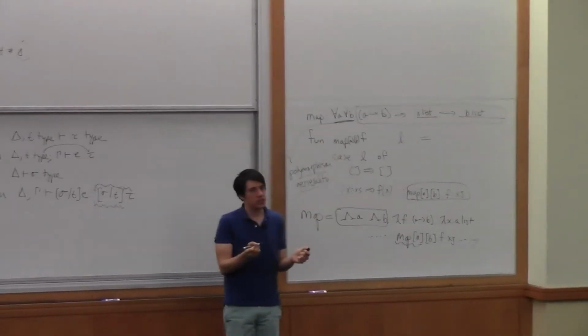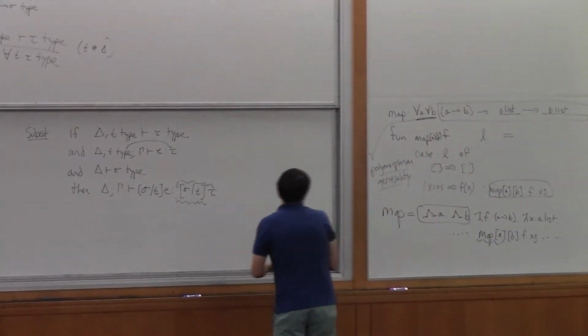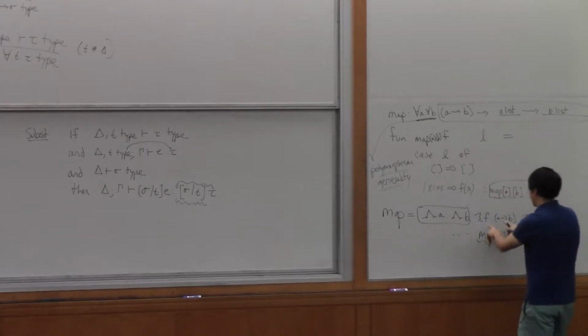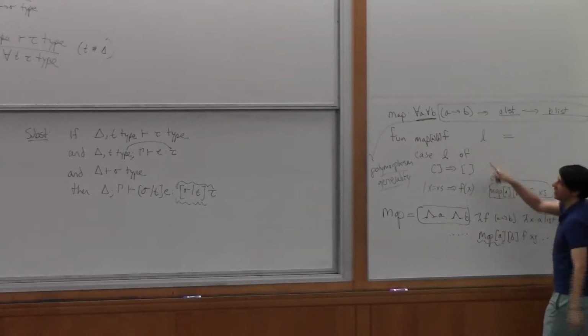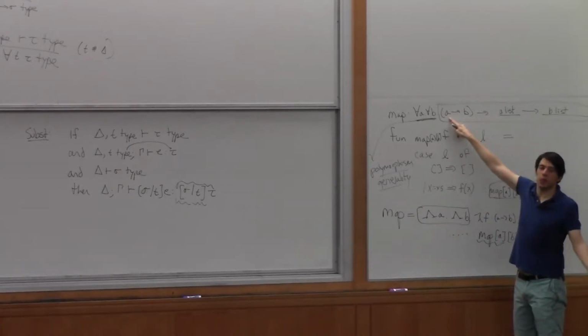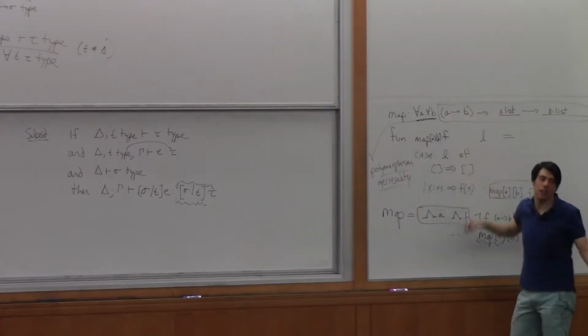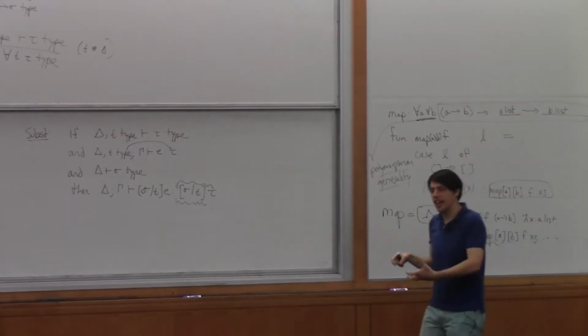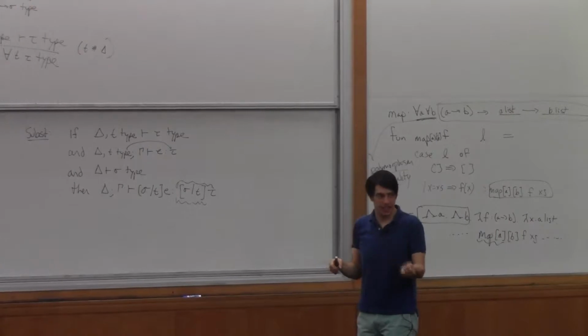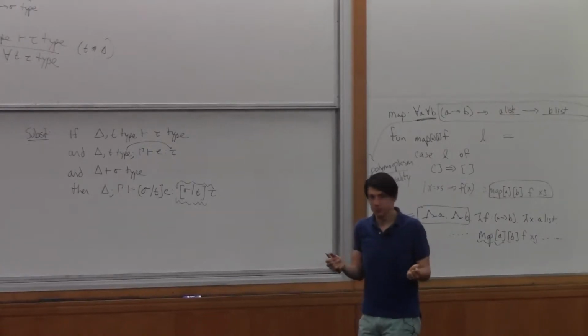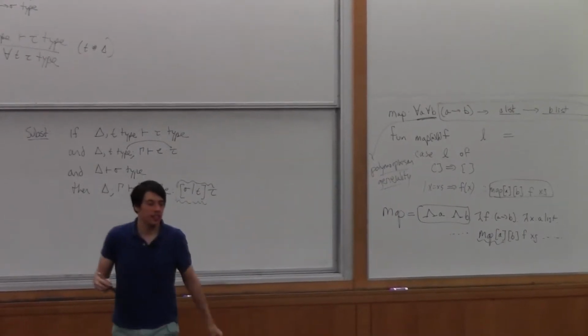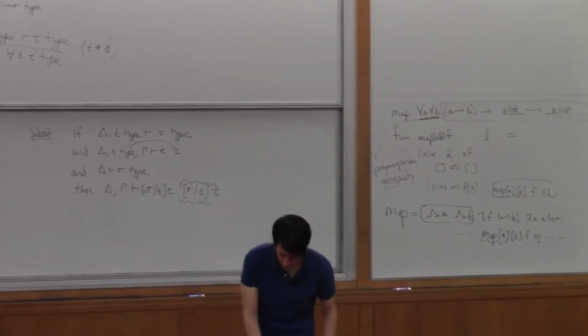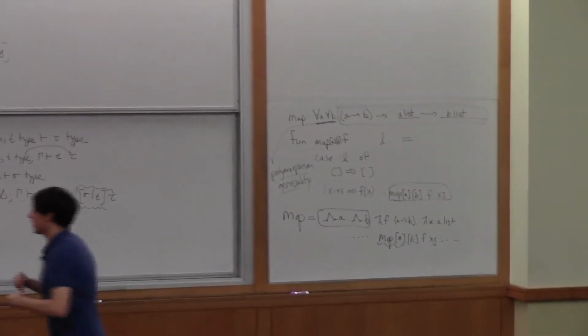Which is to say, if you take map and you plug in for a here, then the type of it is just plugging in for a there. Right? If we take a to be int in the term, that has type, take a to be int in the type.